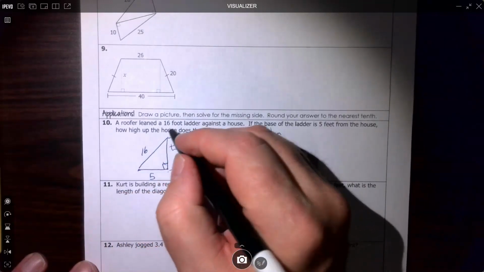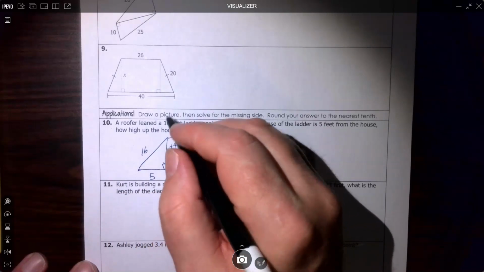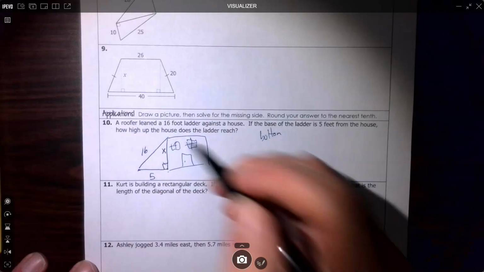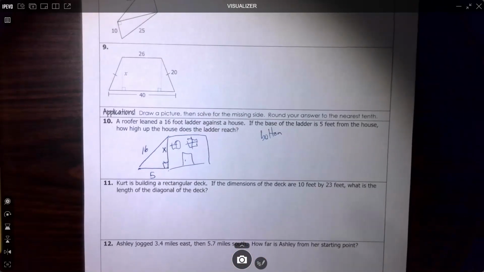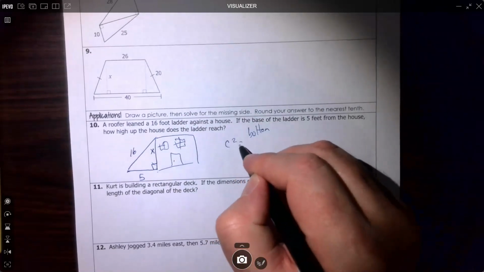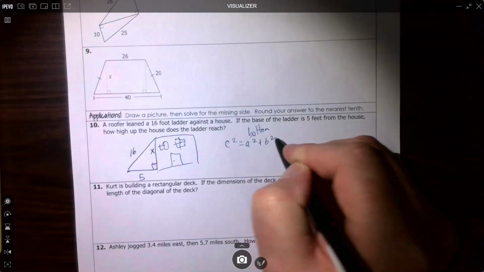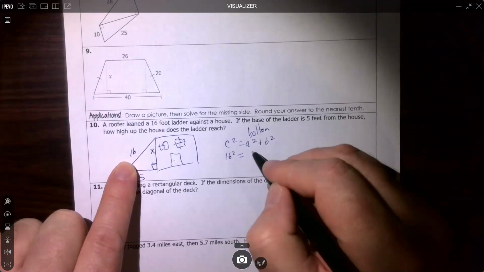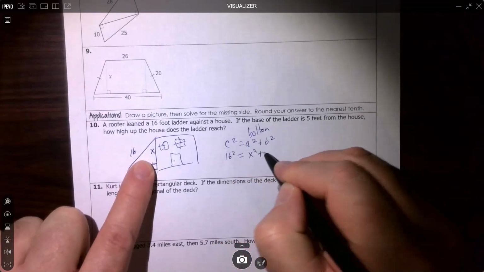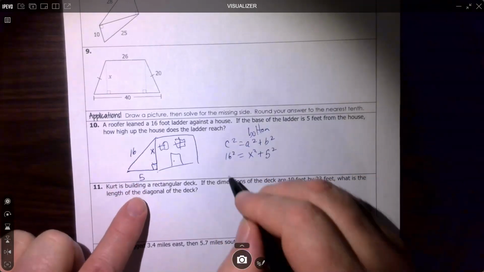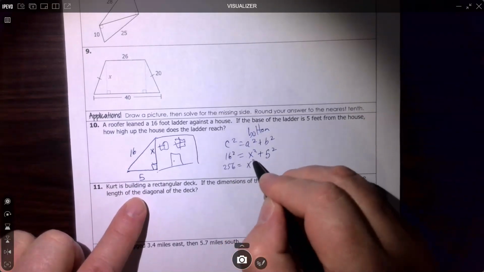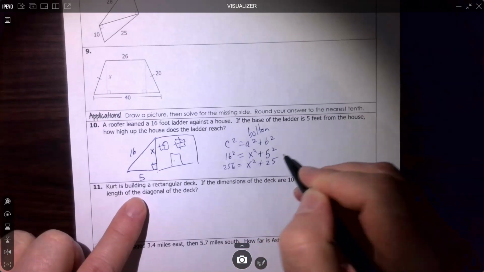How high up the house does the ladder reach? So they want to know, I have it drawn to the top of the house, but technically I don't know that. But I'm going to put my X right there. Okay, and then I just have to use Pythagorean Theorem again. So C, that's the ladder. X is my variable, B is 5. So 16 squared is 256 equals X squared plus 25.